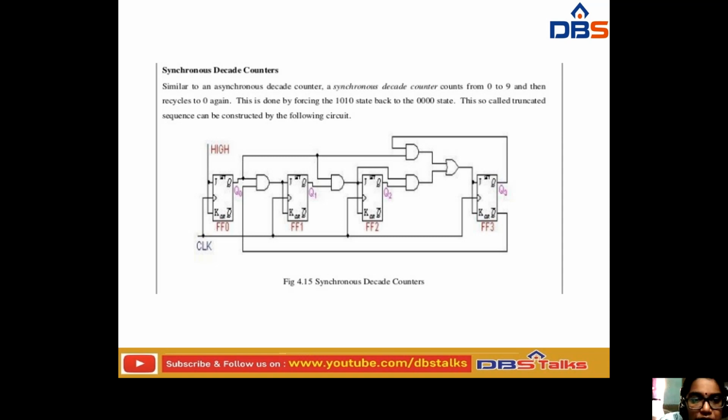If you see the circuit, this is flip-flop 0, this is flip-flop 1, this is flip-flop 2, and this is the clock signal. In this synchronous decade counter, we have three flip-flops here. This is the clock signal, here it has the input, and this is the high signal, with J and K, Q and Q bar.